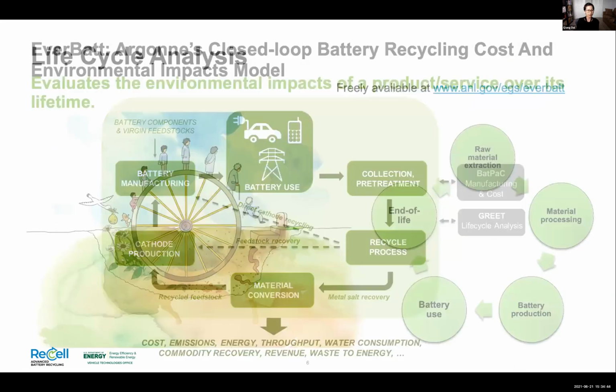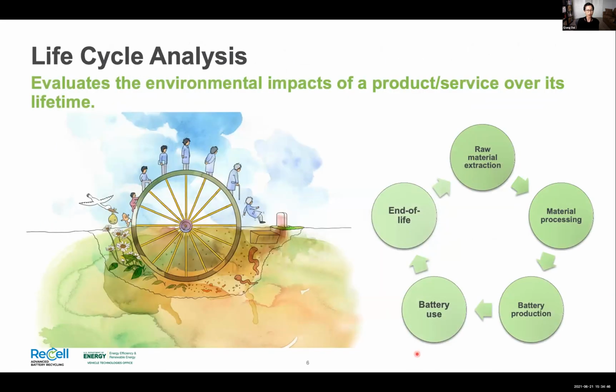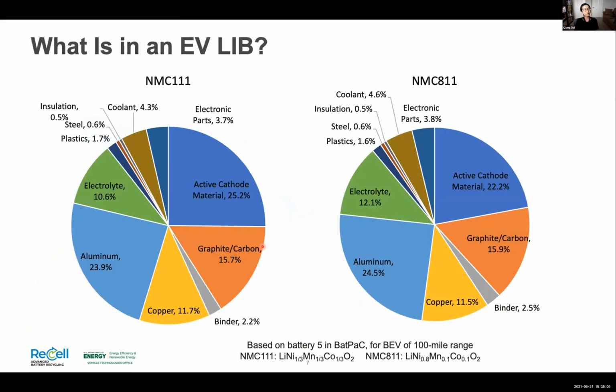So in today's presentation, I will primarily talk about the analysis we did with life cycle analysis. I'm pretty sure you are very familiar with this concept, so I will skip the slide. So how did we apply LCA to lithium-ion batteries in an electric vehicle?